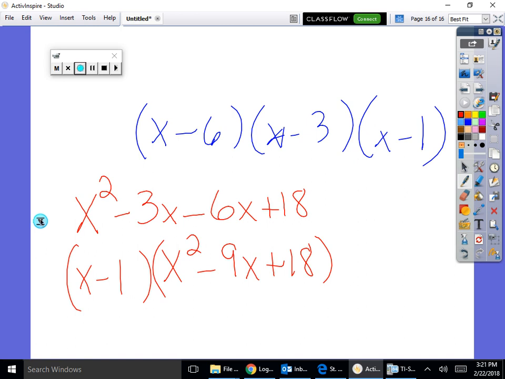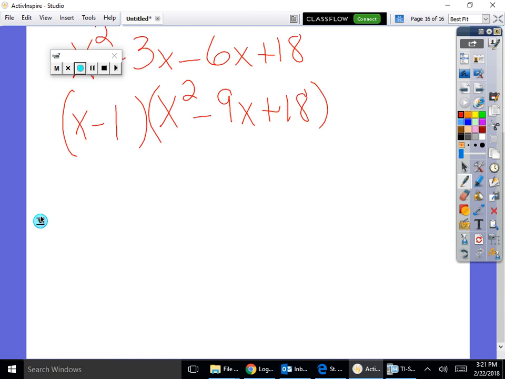All right. So, first number, variable or number I'm sharing is x. Don't be selfish. X times x squared. X cubed. X times negative 9x. Negative 9x squared. X times 18. 18x. Okay?